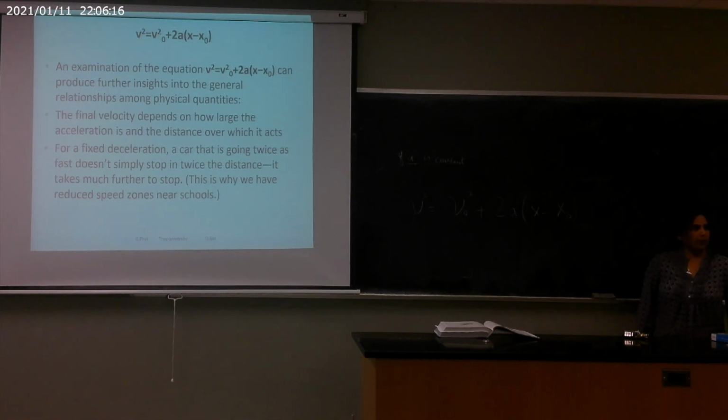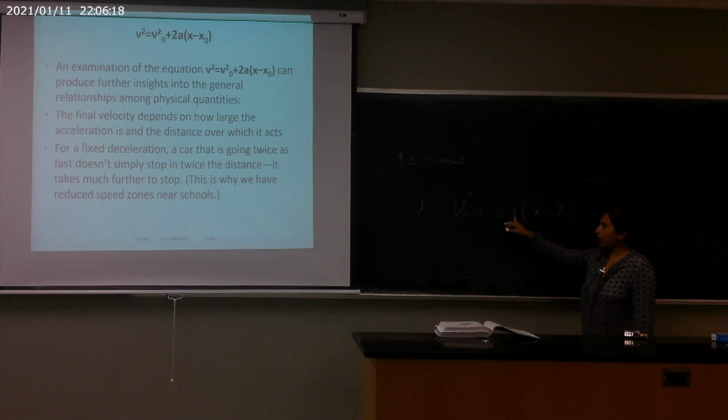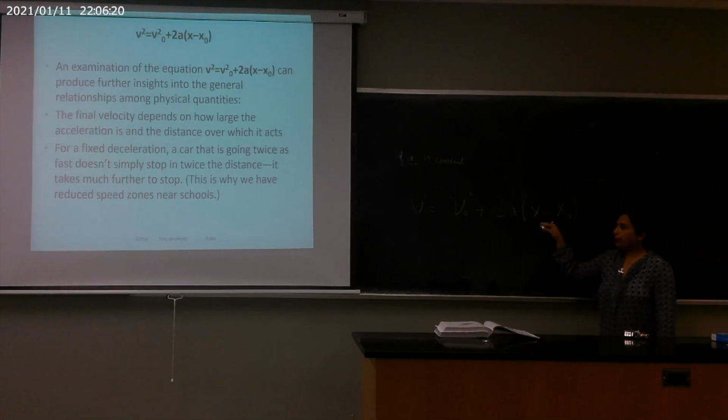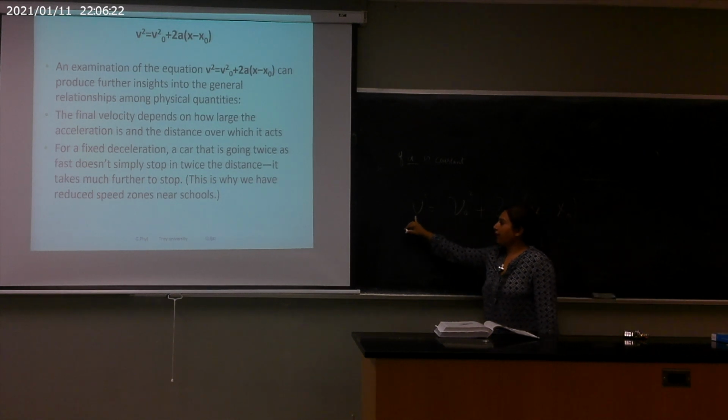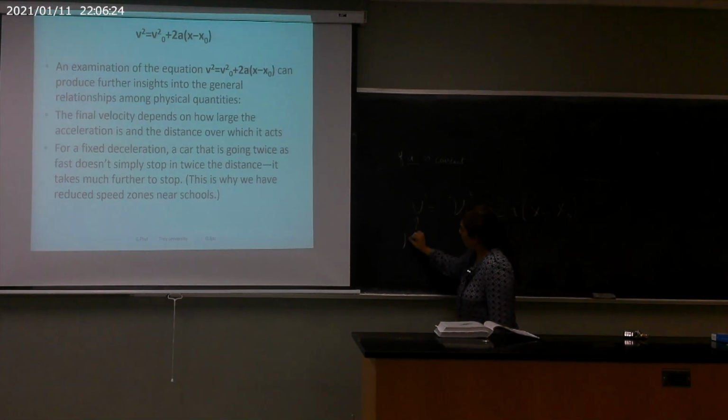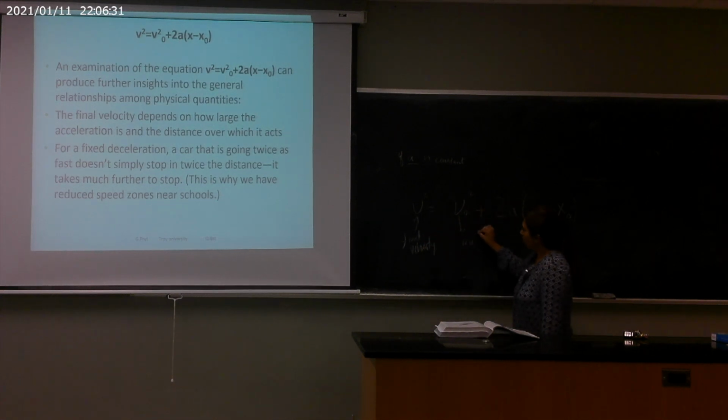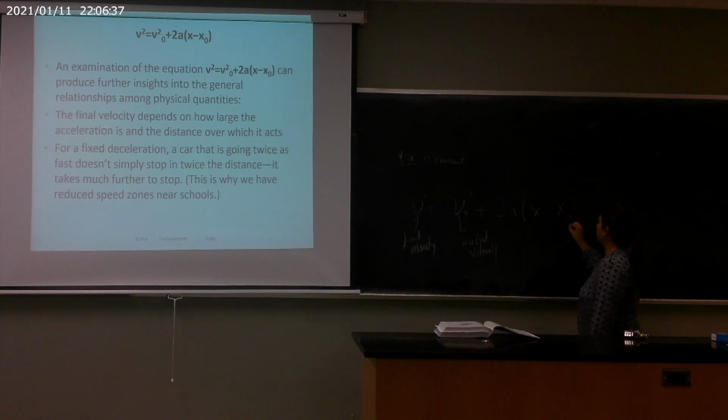This equation says if there is a constant acceleration, and then there is a displacement produced, you can find the final velocity. This shows the final velocity after time t. Again, initial velocity, acceleration, and this is the displacement.